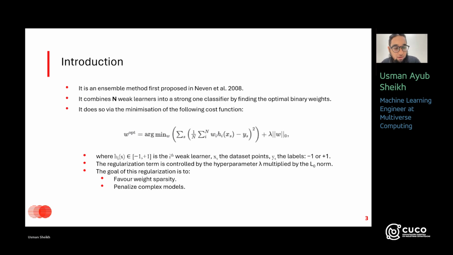So the quantum boosting classifier that I'm going to present is based on Nevin's paper from 2008. Ever since that, he has suggested many different improvements to the algorithm. But since I just want to show a very basic idea behind it and the very basic implementation of the algorithm, I would follow that first implementation.